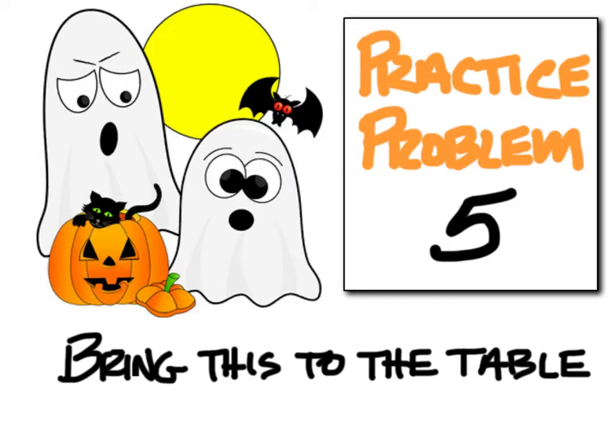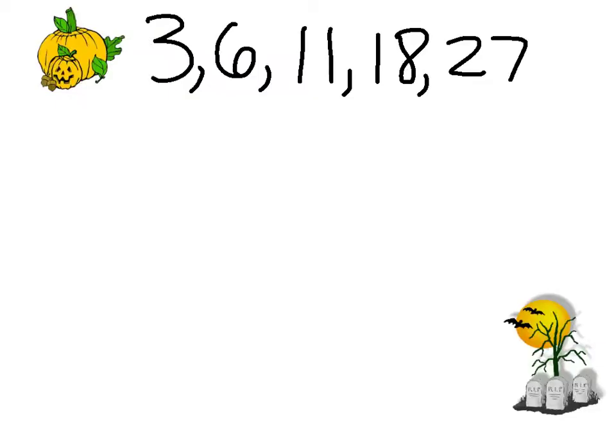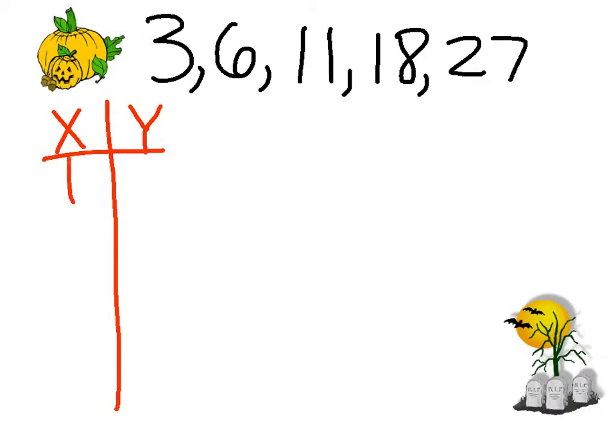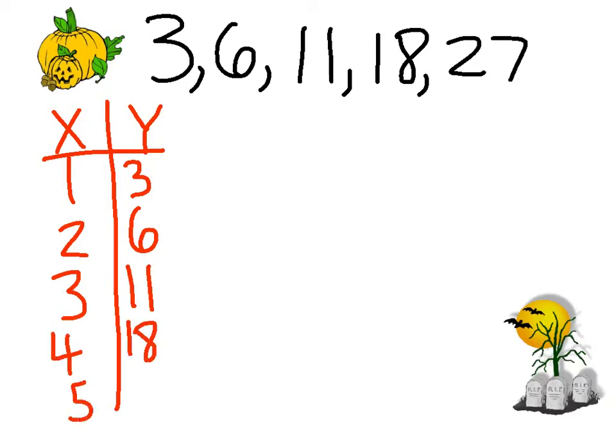Let's go ahead and try a practice problem. Go ahead and make our table. So we have 1, 3, 2, 6, 3, 11, 4, 18, and 5, 27.